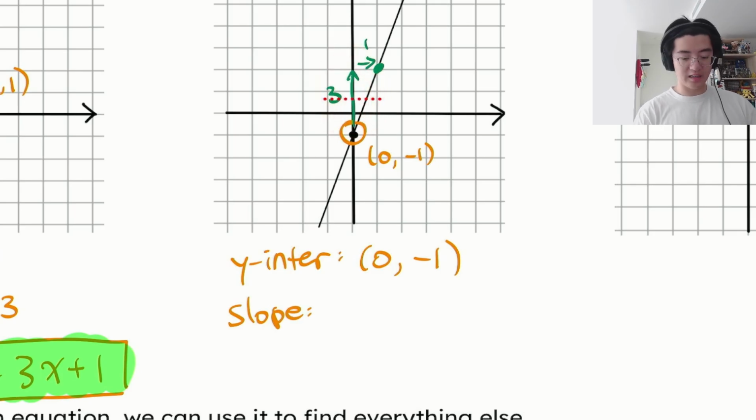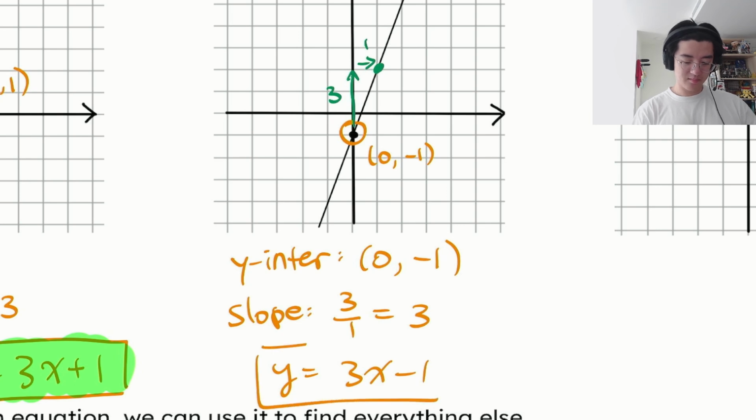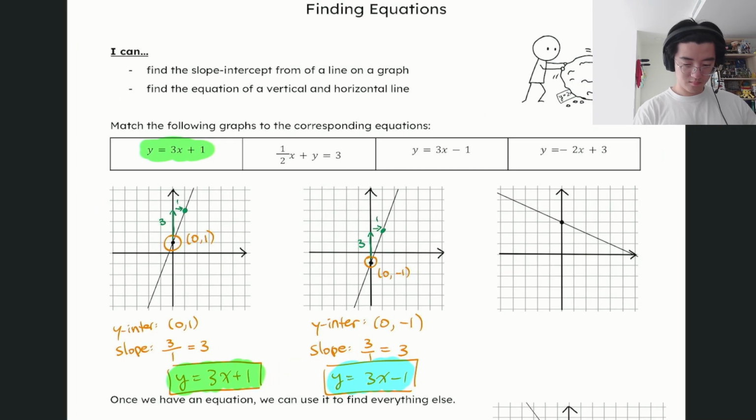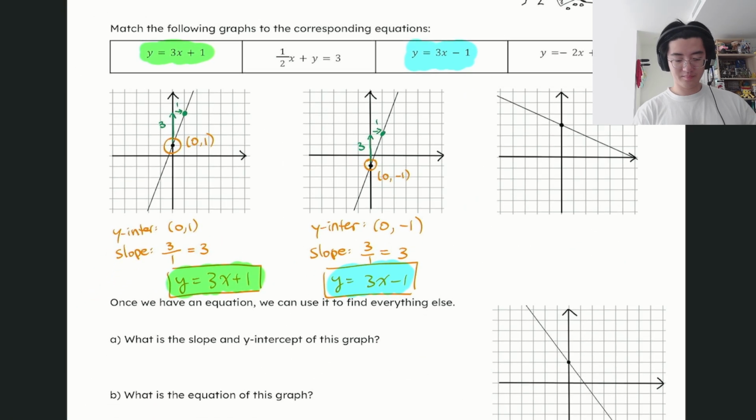Changing y is 3, changing x is 1. Combine together, 3x minus 1. Okay, like that.